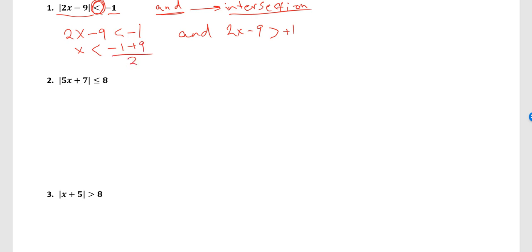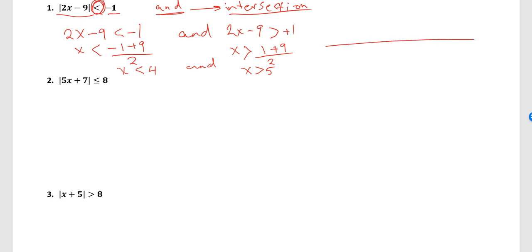Again, I just combined the steps to save some space. And then here we have x is greater than plus 1 plus 9. We brought the 9 to the other side, divided by 2, right? So we have x is less than 4, and x is greater than 5, right?